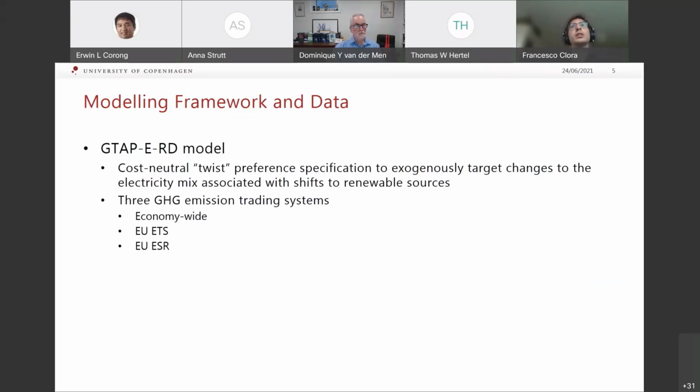The other one covers broadly the EU effort sharing regulation sector, so the remaining part of the economy. In this system, each EU region faces a different carbon price to target reductions, which are established by the EU ESR, and countries do not trade emission permits with other countries, pretty much.